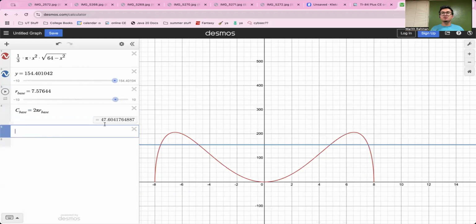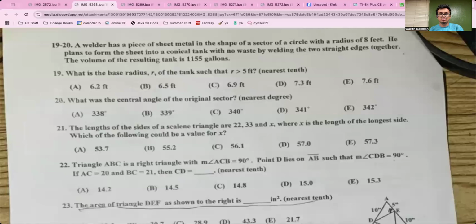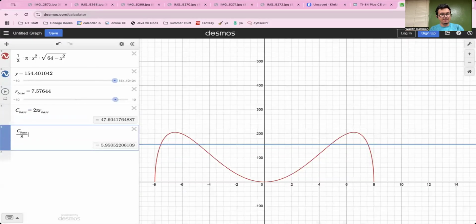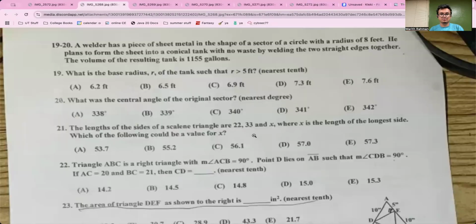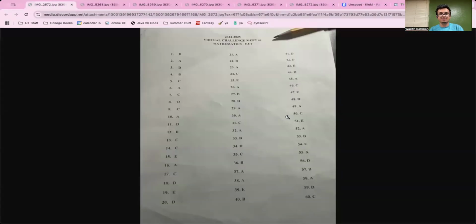This value is equal to the arc length of our sector. We know s equals r theta, so this value divided by our radius of 8, yeah, the radius is 8, is our theta, right? We take this times 180 over pi and that gets us 341 degrees. Right there, 340.9 degrees. 20 is D.